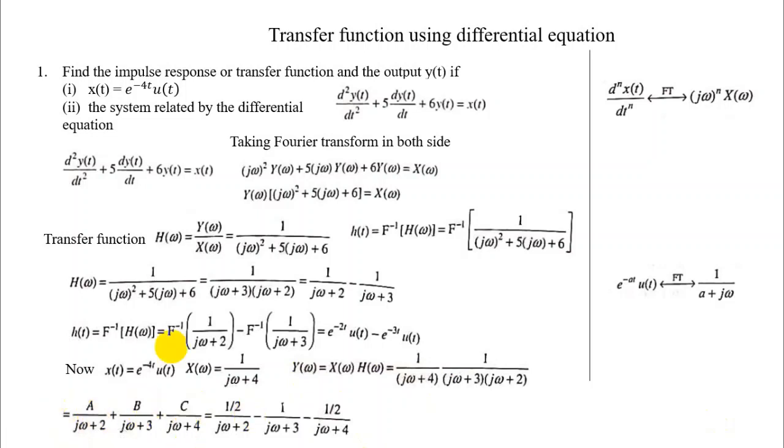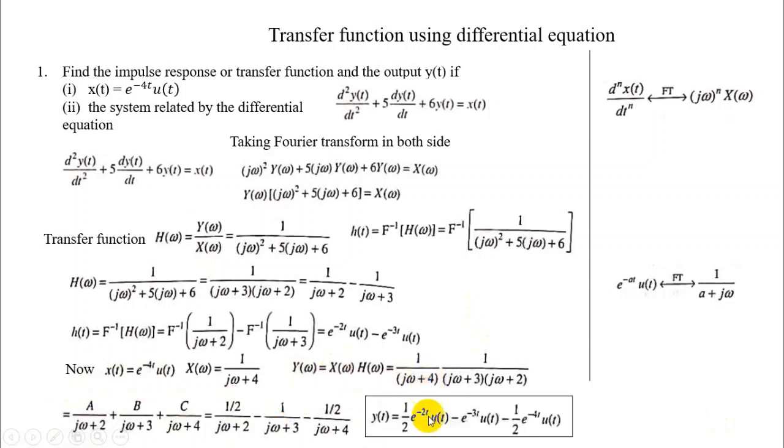After having the values of A, B, C, you can finally determine the output of the system. This is the procedure to determine the output as well as the impulse response and the transfer function.